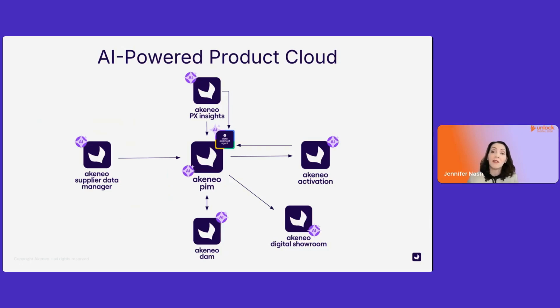So today, we are going to focus on some examples of how you can use AI to support enrichment in Akeneo PIM, asset preparation in Akeneo DAM, and faster channel go-lives in Akeneo Activation, with the outcome being that you will be able to reduce manual data population, verify data is correct, and generally gain more time back to focus on other tasks while being confident that your product stories are complete, correct, and ready to drive conversions. But before Chris jumps into the how, I want to talk a little bit about the where.